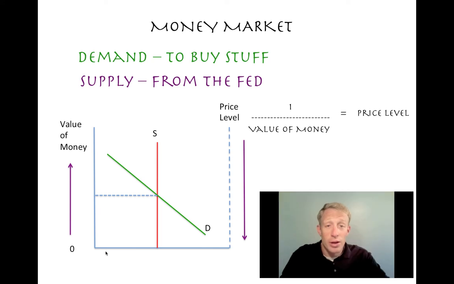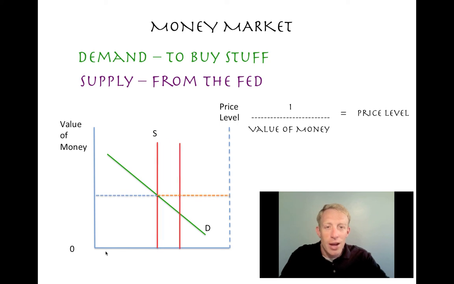Let's take a look at a more concrete example. Let's say that the Fed engages in some monetary policy changes. They decide to ease monetary policy, sometimes referred to as a loose monetary policy, where the money supply increases. Well, in our graph, what we're going to see is that the supply of money shifts to the right.